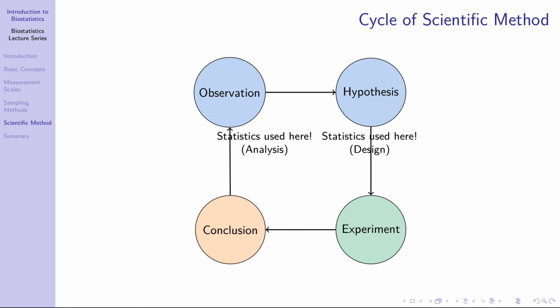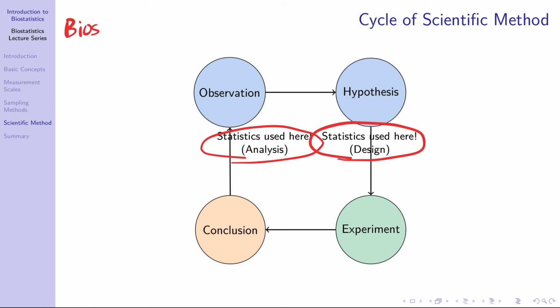There are 2 places where we generally need the scientific method a lot: the experiment, for the design of the experiment, and the conclusion, where statistics is used for analysis. So biostatistics comes into play in 2 main categories: the design of the experiment and the analysis.